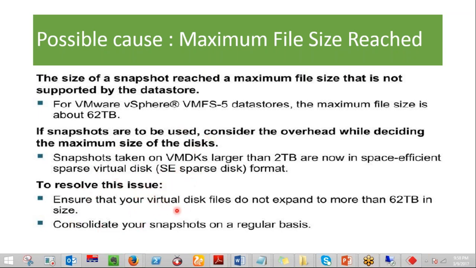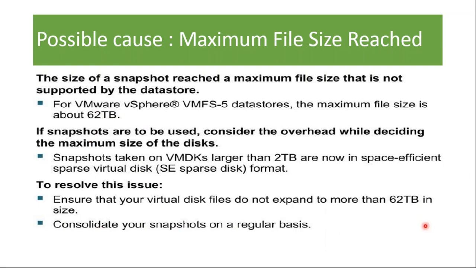So to resolve this, ensure that your virtual disk file does not expand to more than 62 TB. Consolidate your snapshots on a regular basis. VMware recommends consolidating your snapshots within 72 hours. If it is more than 72 hours, it will kill your virtual machine performance.